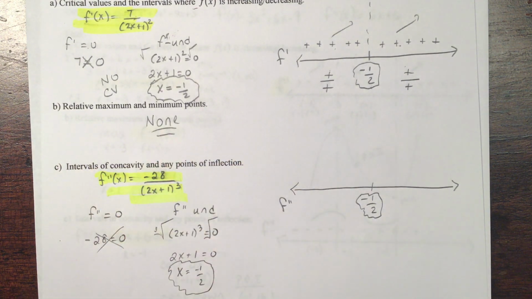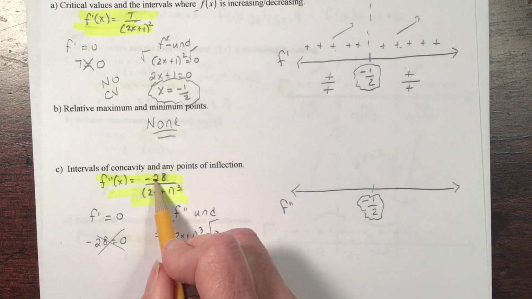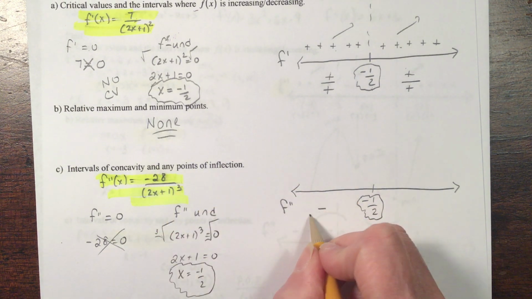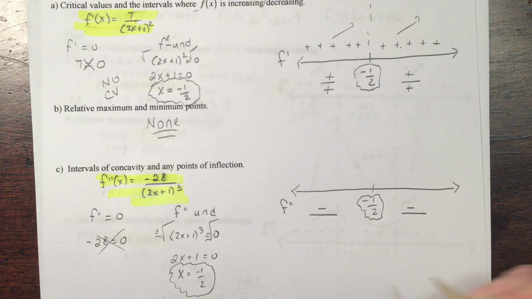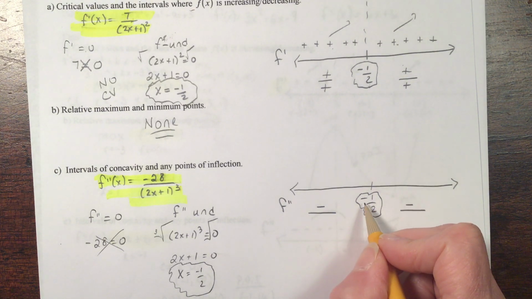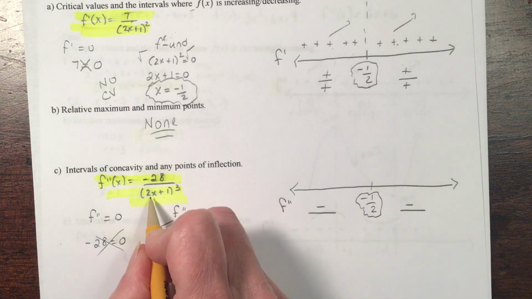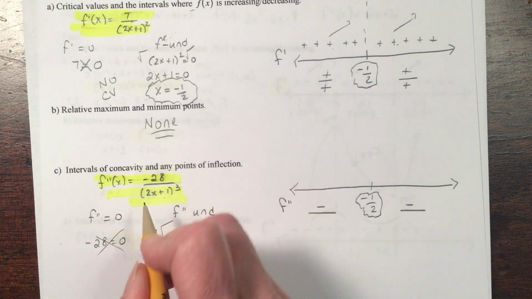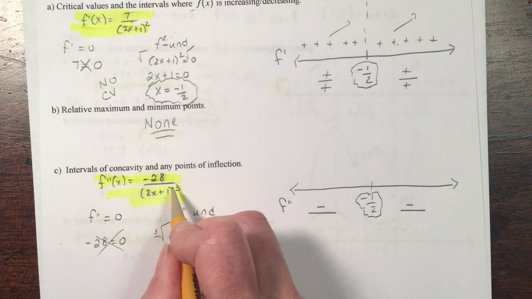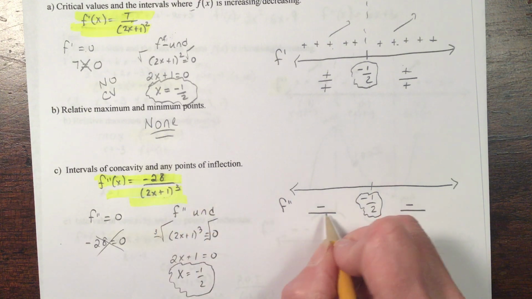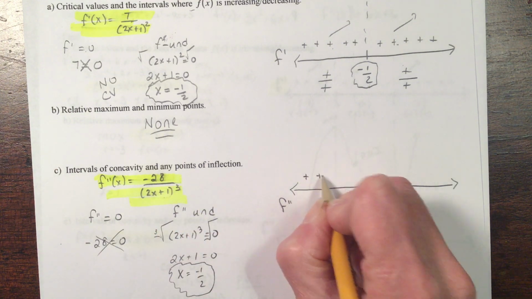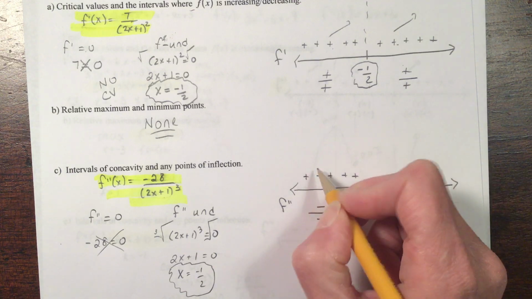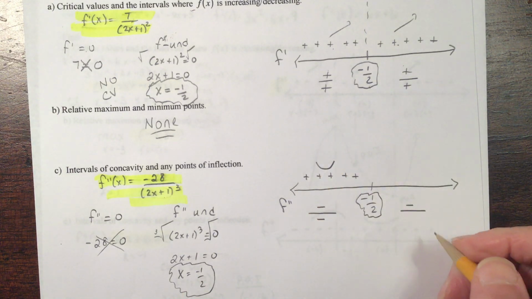this one's pretty easy to test in too. My numerator, since there's no variable on top, is going to be negative. And then when I take a number less than -1/2, inside I get a negative. If I cube a negative, I get a negative, so this interval is going to be a positive, which means this section is concave up.